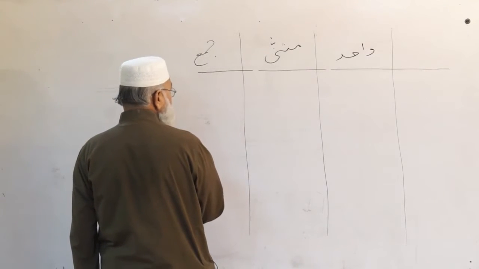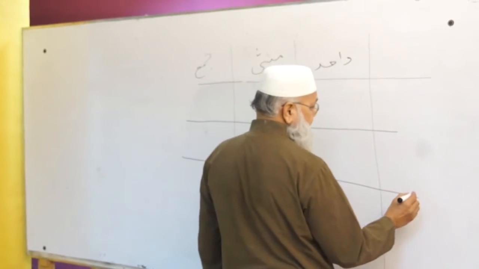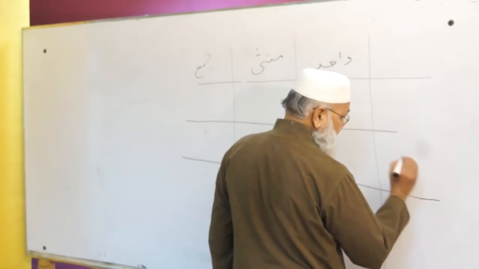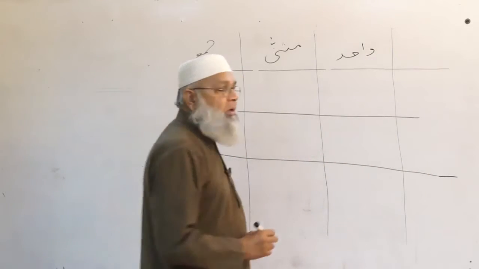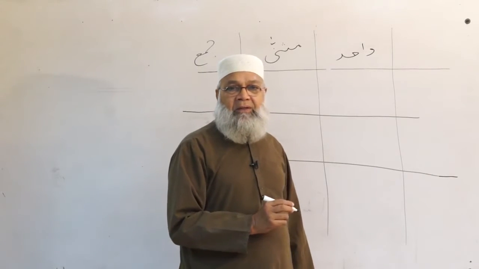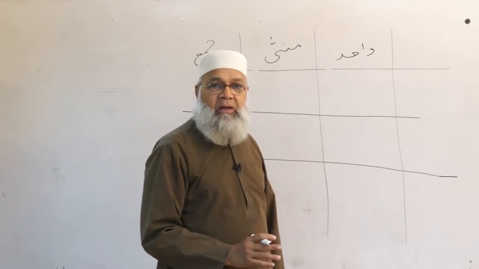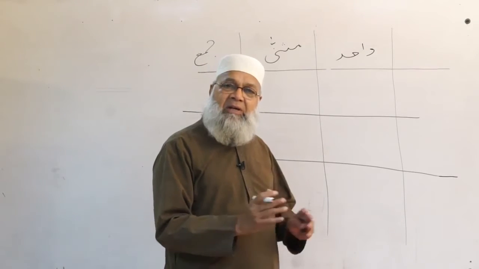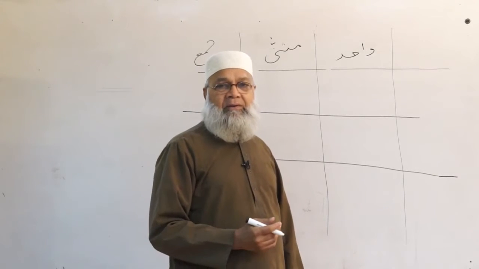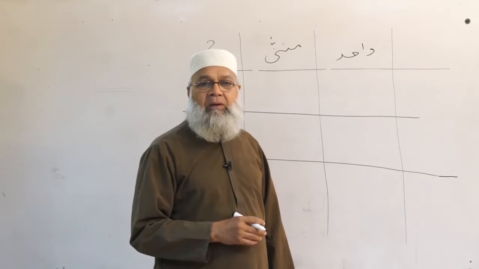Then we'll have a division of masculine and feminine too. Language truly represents the culture also. In Arabic culture, from the very beginning, there is a clear demarcation between the masculine and feminine. In English, it's basically a mixed society, and in English you hardly find the masculine and feminine form in all the nouns.